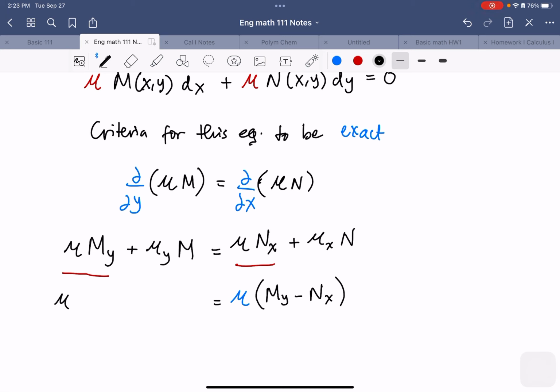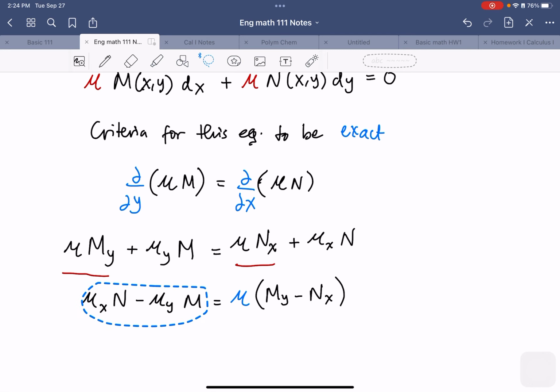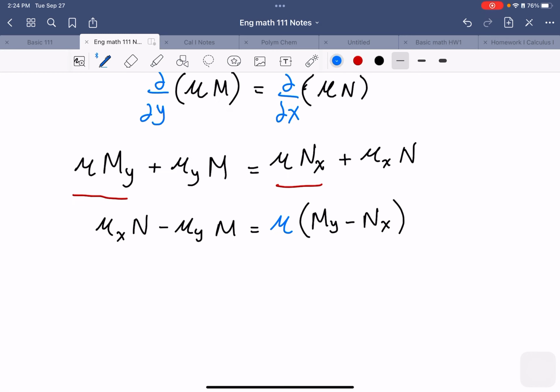So this will be mu x N minus mu y M. So M, N, M y and N x are all known functions, right? We know the functions because we identified them at the beginning.